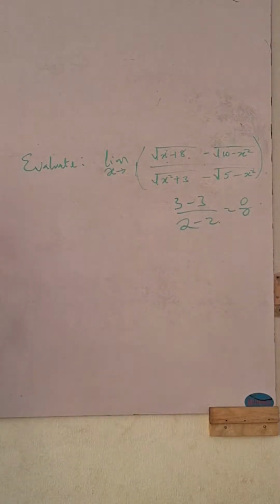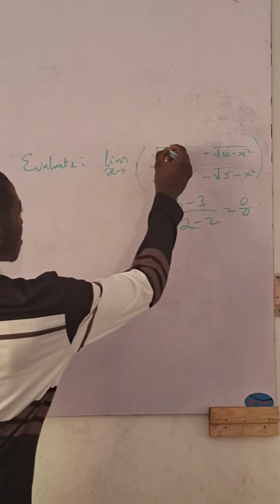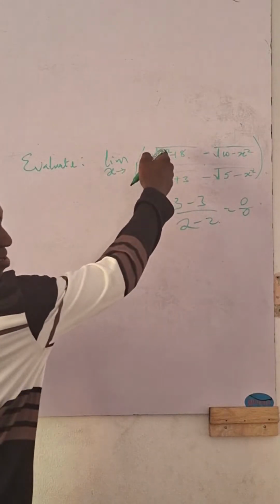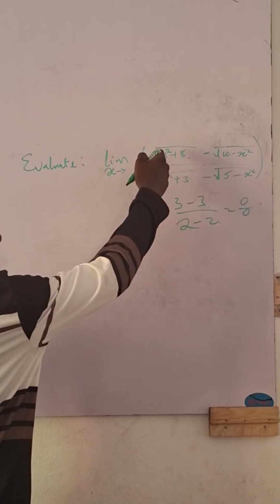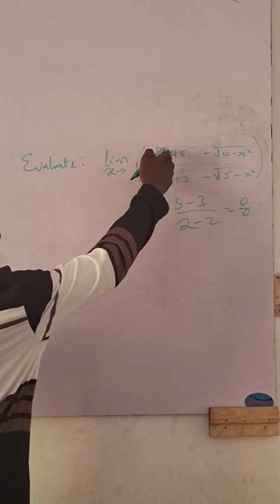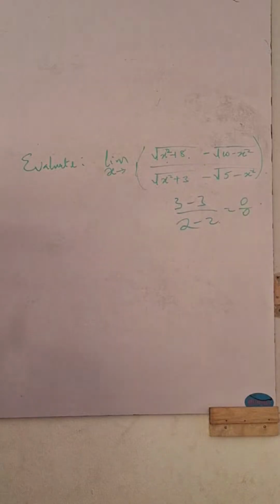So it will be minus 5, don't forget, plus x squared. Is it squared in your question? Yes. Okay, great. So this is meant to be squared.